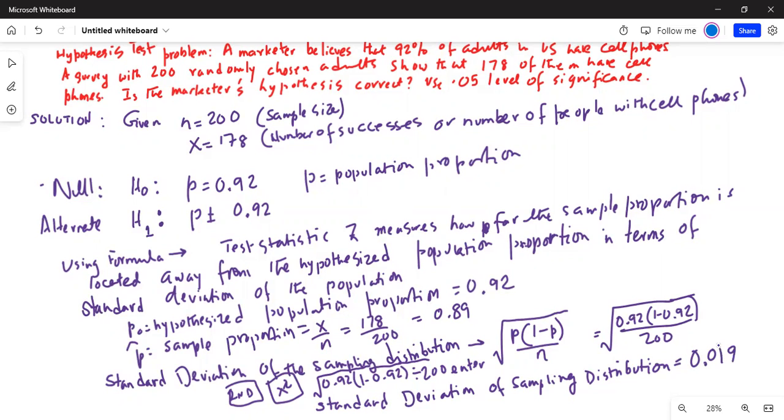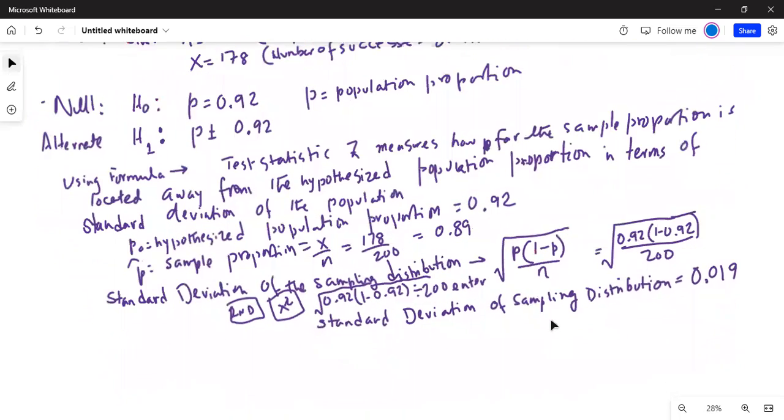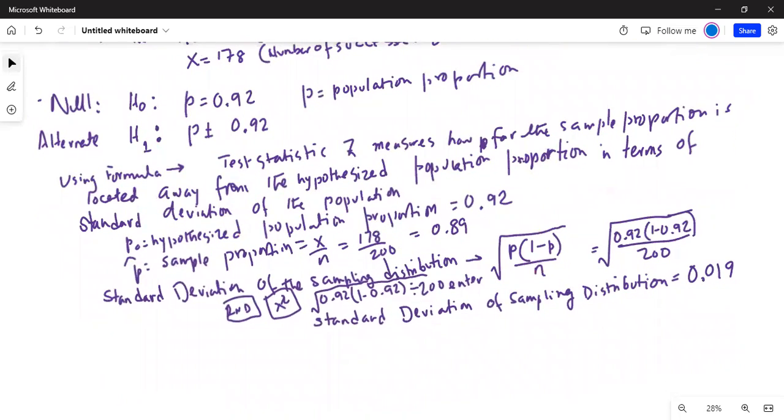Okay, so now I am ready to calculate the test statistic, where I'm comparing the sample proportion to the hypothesized population proportion.